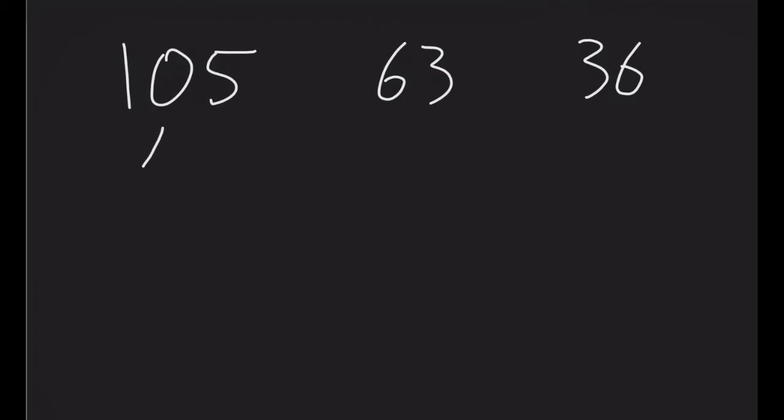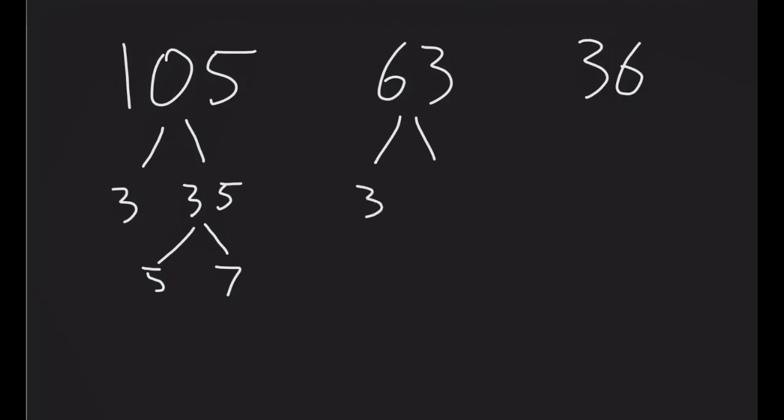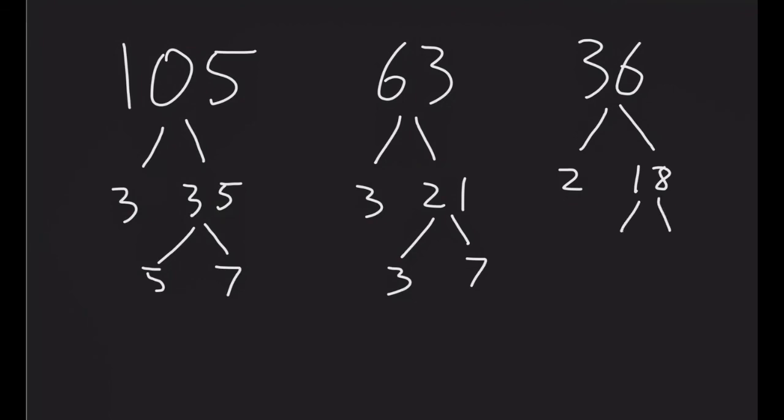So 105 can be broken down into 3, 35, and then 5 and 7. For 63, 3 and 21, and then 3 and 7. For 36, 2, 18, 2, 9, and then 3 and 3.